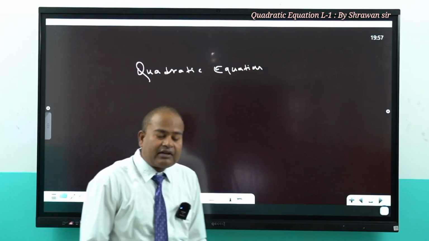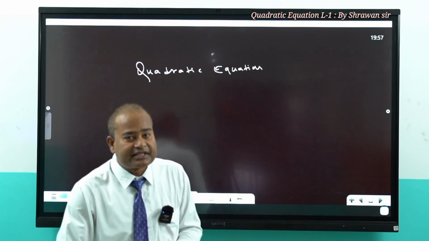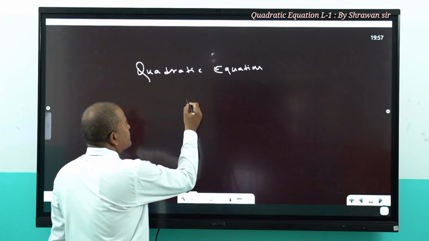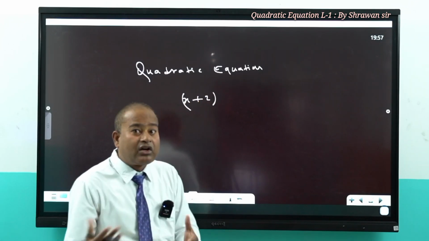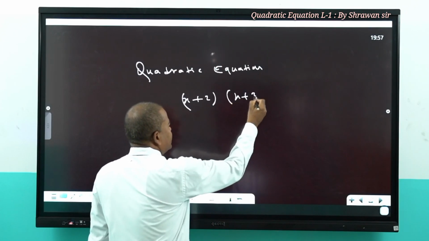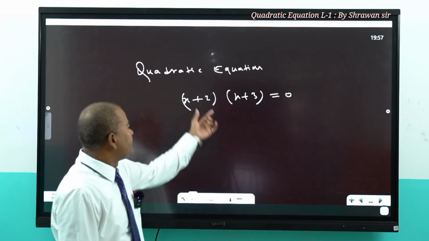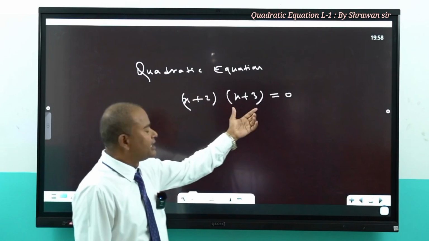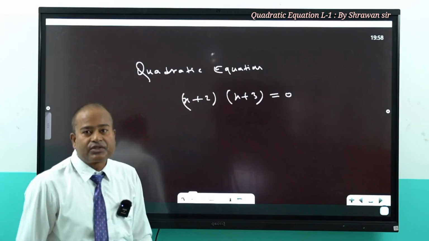So dear students, if an equation can be expressed as the product of linear factors, so let's suppose the two linear factors of an algebraic expression are x plus 2 and x plus 3, whose product is equal to 0. So if an algebraic expression can be expressed as the product of two factors, then we can say the equation is a quadratic equation.